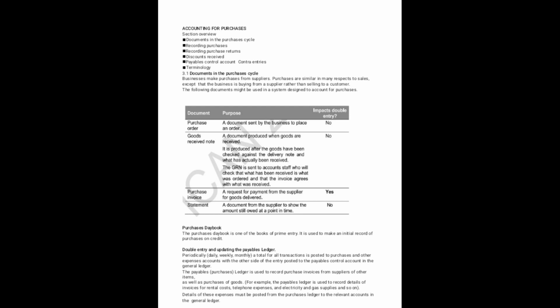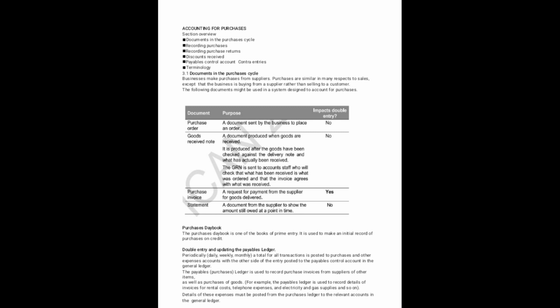It involves the procurement of goods in order to resell them. So it's buying of goods and services for resale purposes. The following documents might be used in a system designed to account for purchases.